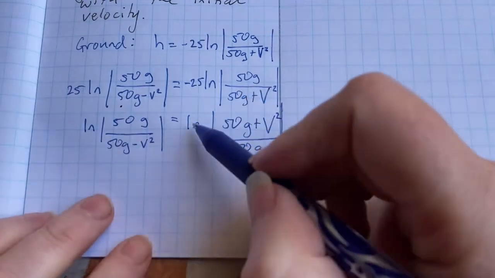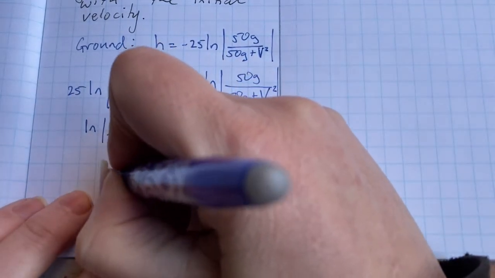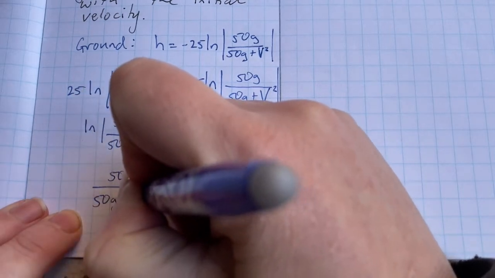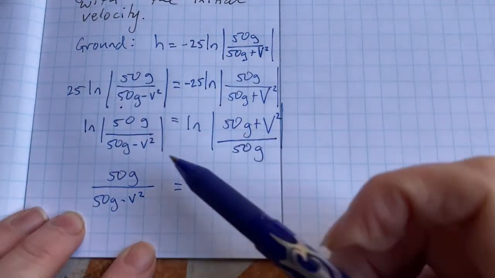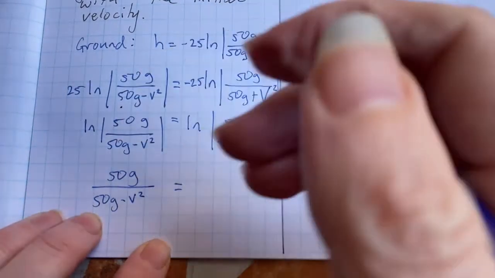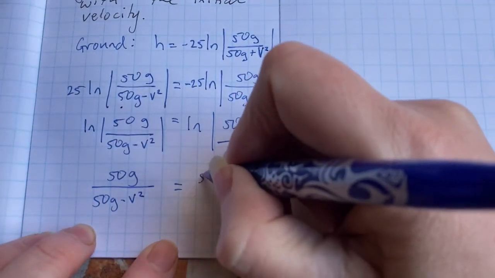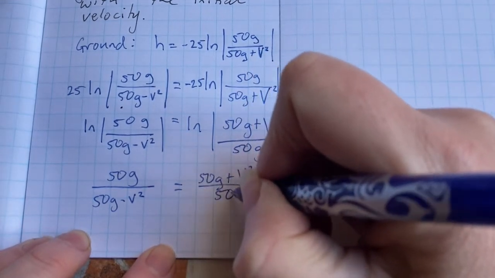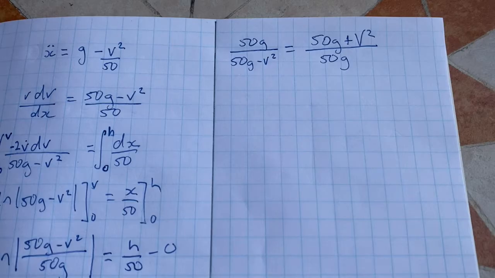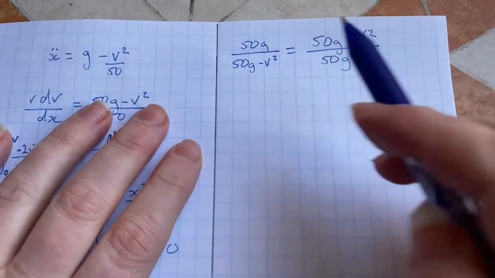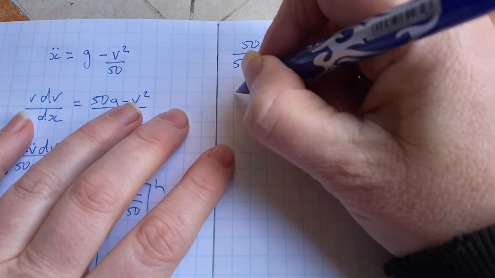Obviously we can e to each side, so 50g over 50g minus v squared. We actually do know that these things are always going to be positive values, so 50g plus capital V squared over 50g. Now I'd like to make little v the subject here, so I'm going to start by flipping each side.